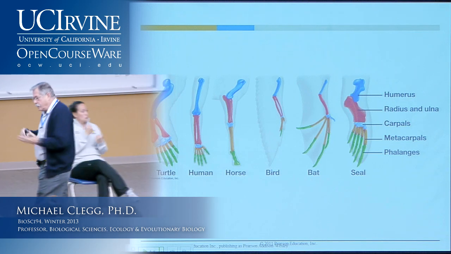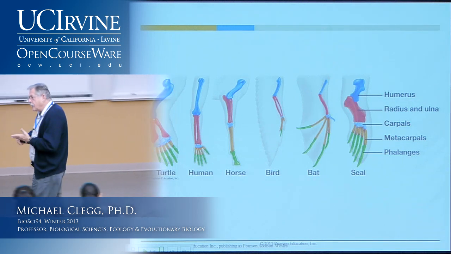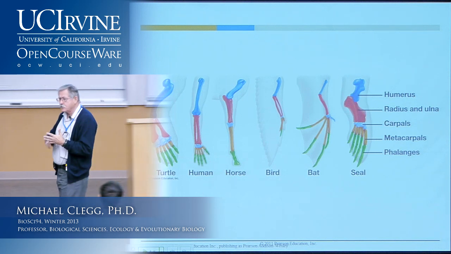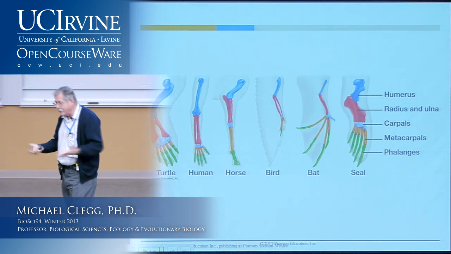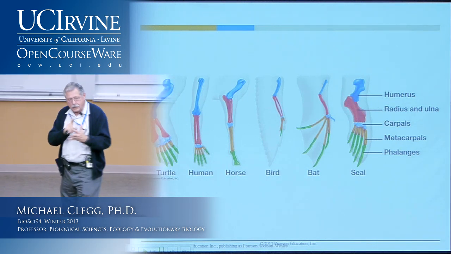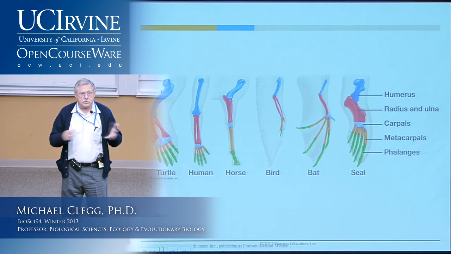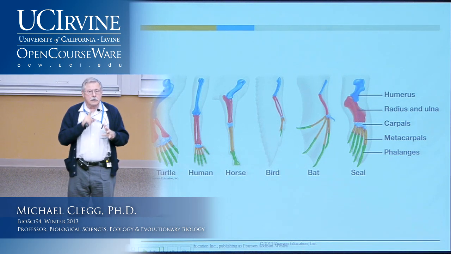So there are 3 kinds of homologies that I've mentioned that provide evidence that we are all related by common descent. The best is a genetic homology, because that's absolutely compelling.